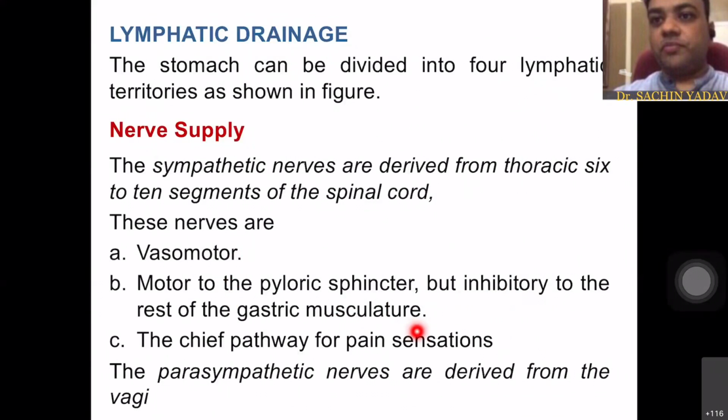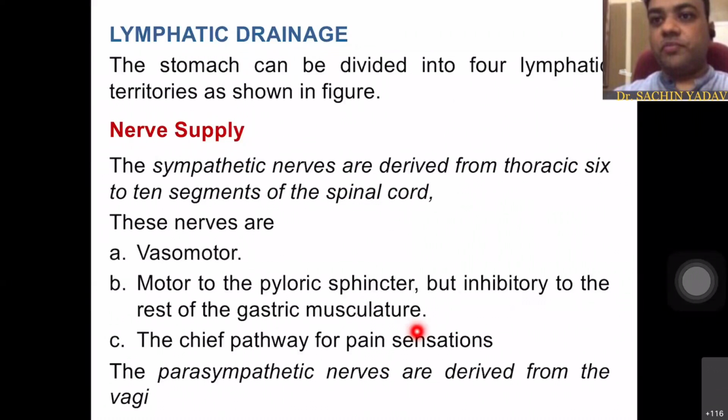This means sympathetic inhibits the peristaltic movement, and it activates the sphincteric contraction. If any sphincter is contracting, it is impossible to pass the food material from one part of the GI to the other part in continuation.